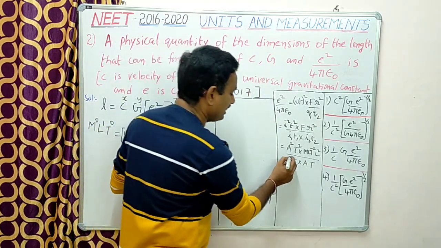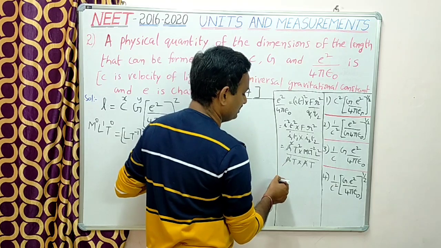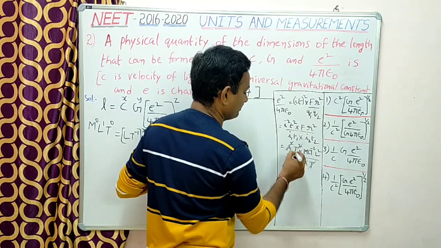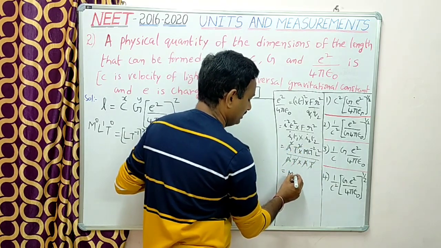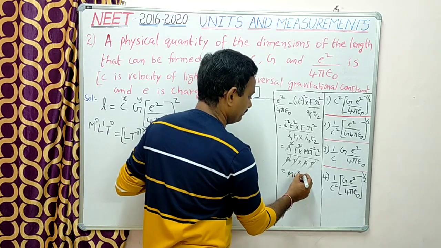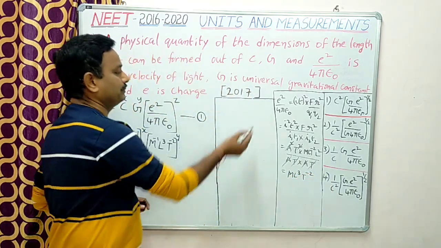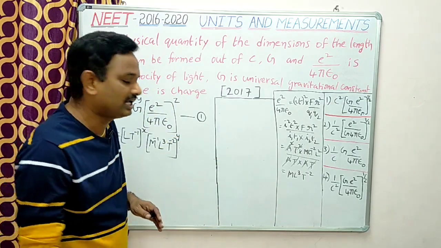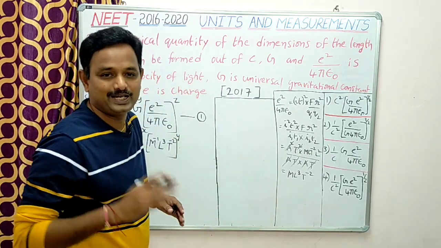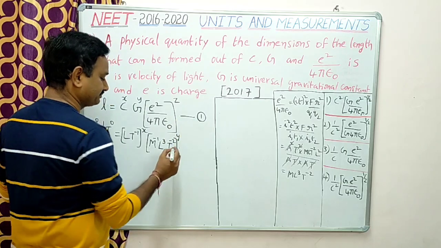So here A and this A square cancel, and this T and T square cancel. So what we got? We got M L cube T power minus 2. So in the place of e square by 4 pi epsilon naught, I will substitute this M L cube T power minus 2.